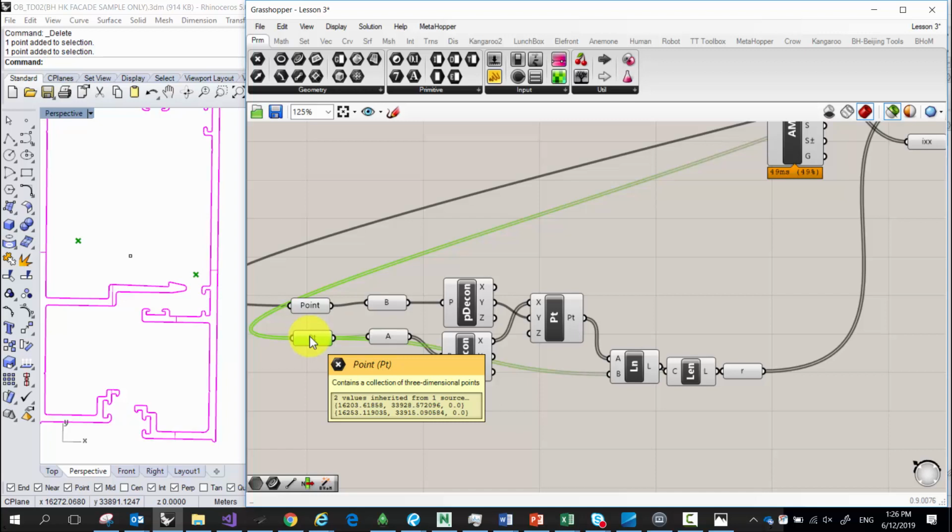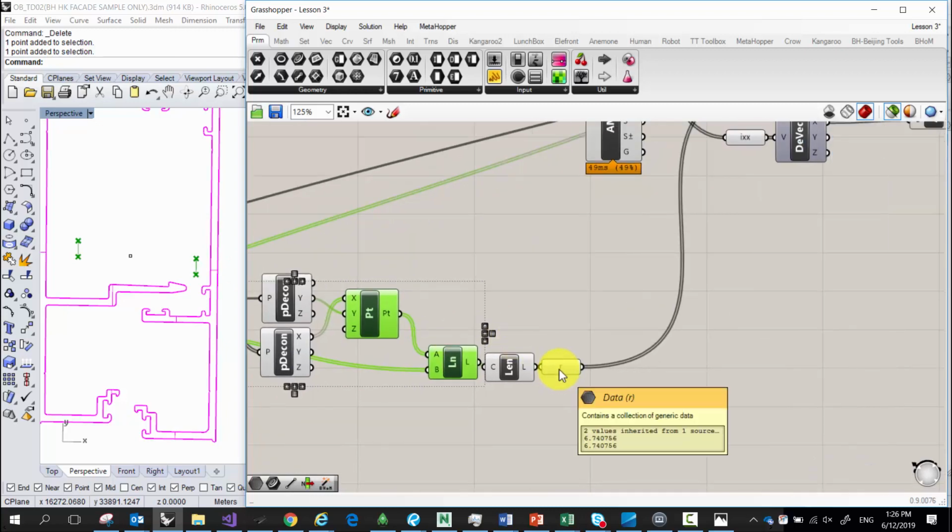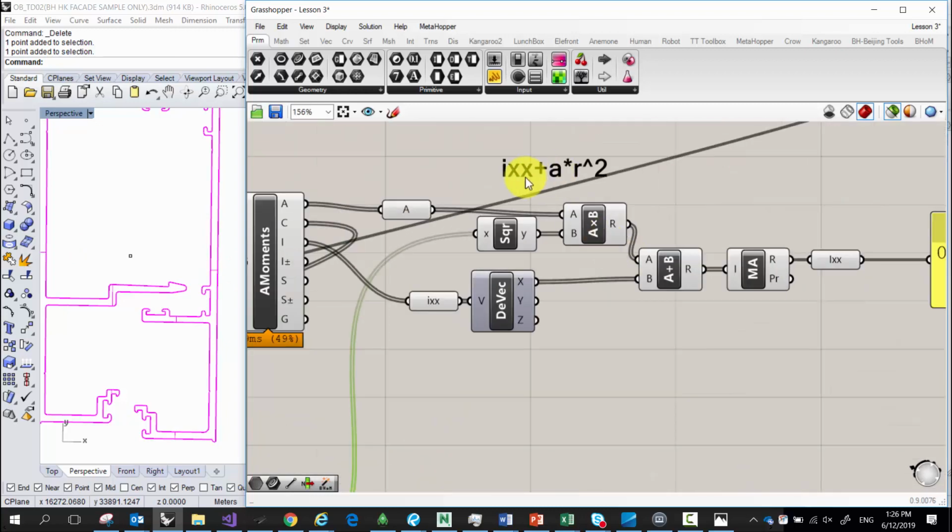These 2 points are the centroids of both surfaces, and with that information, we can create a couple other points which actually represent, from those centroids, the distance to the axis about which we want the moment of inertia. That is the R in the parallel axis theorem.